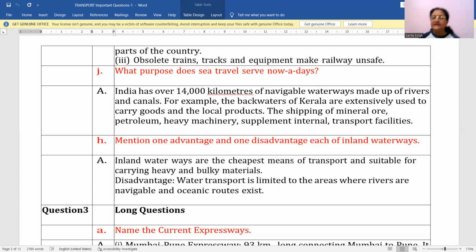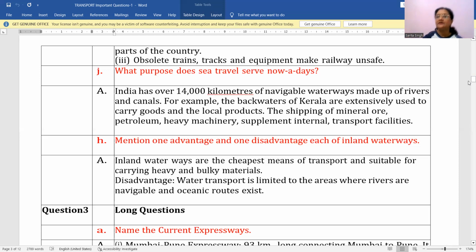Not possible. So its reach is very limited. It is limited to the areas where rivers are navigable or oceanic routes exist, right? Or there are lakes or canals that we use for the purpose of inland waterways. Otherwise, it's not practically useful in that case.